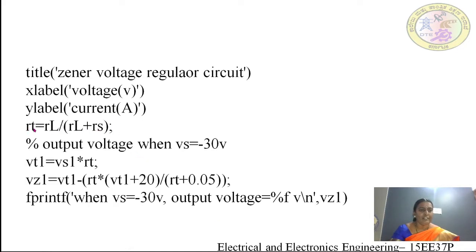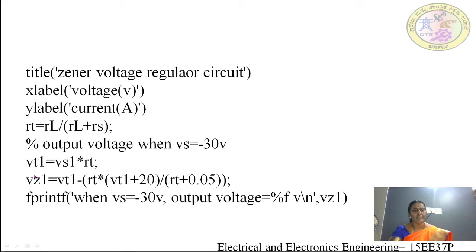And finally we have to calculate R Thevenin is equal to RL divided by RL plus RL. Then we have to calculate Thevenin's voltage VT1 and Zener voltage VZ1 for the source voltage minus 30 volts, that is the voltage across the Zener diode.